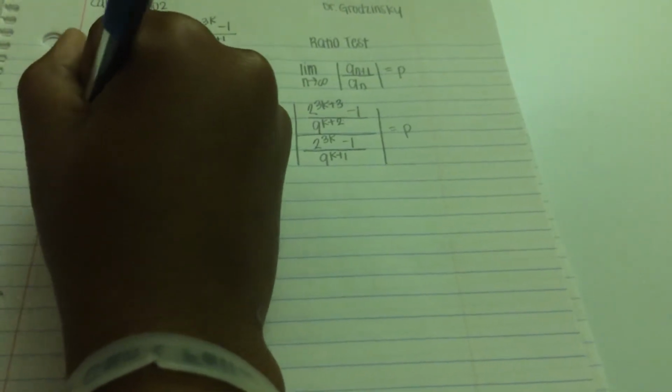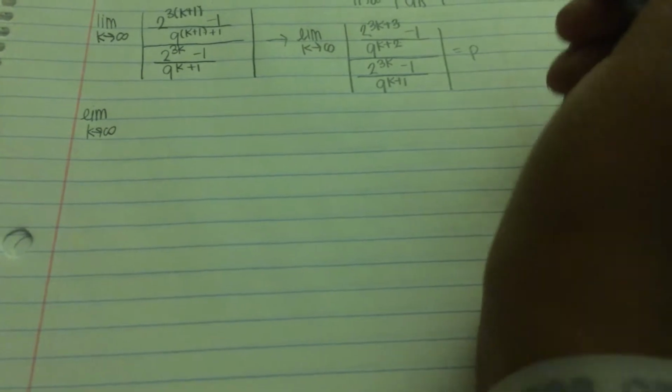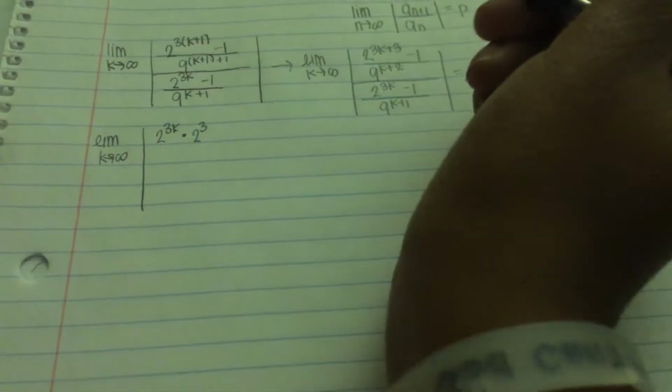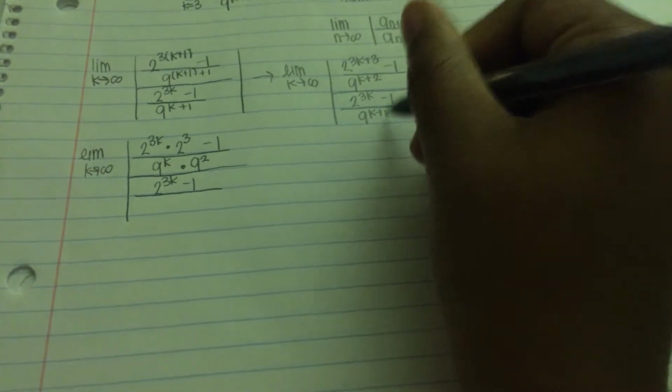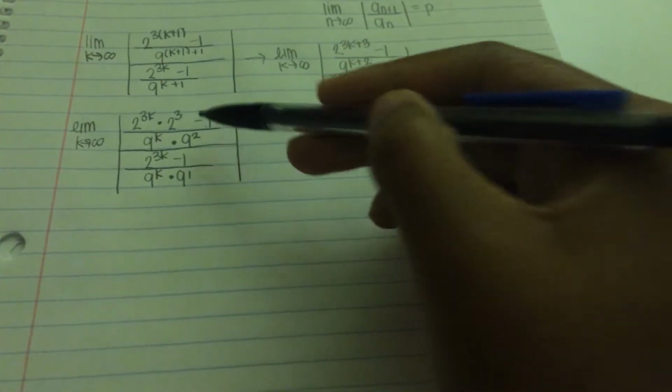So you'll get the limit as k goes to infinity of 2 raised to the 3k times 2 to the third power minus 1 over 9 raised to the k times 9 squared, all over 2 raised to the 3k minus 1 over 9 to the k times 9 to the first power. Now, of course, fix the fraction because you have a fraction over a fraction.